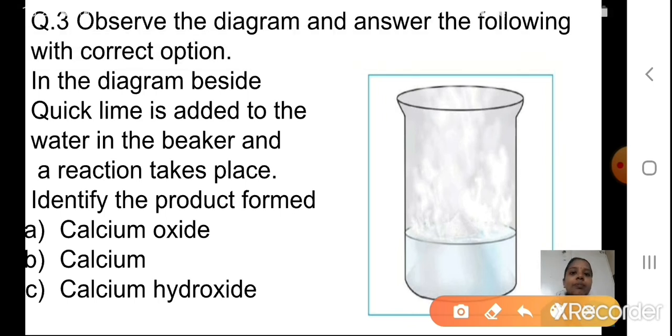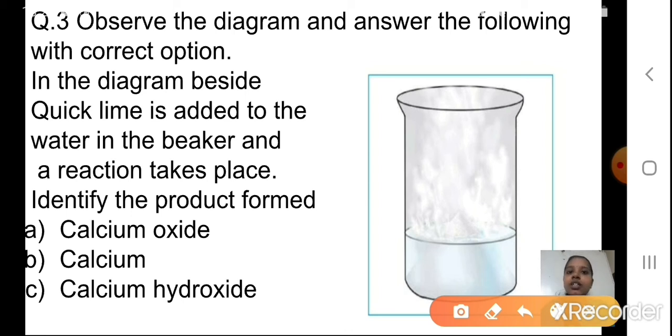Now quicklime means what? You must know it. Will it be calcium oxide? Or will it be calcium? Or will it be calcium hydroxide? Now see here. I hope you know quicklime means calcium oxide. Already I have written. So it cannot be calcium oxide.